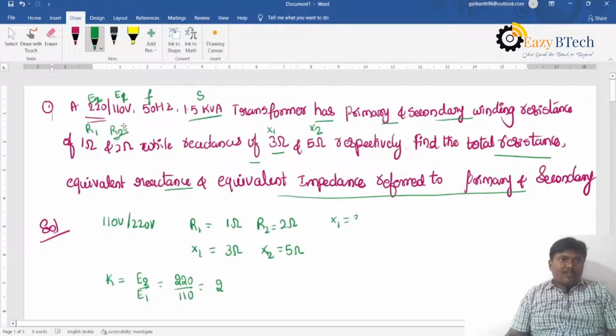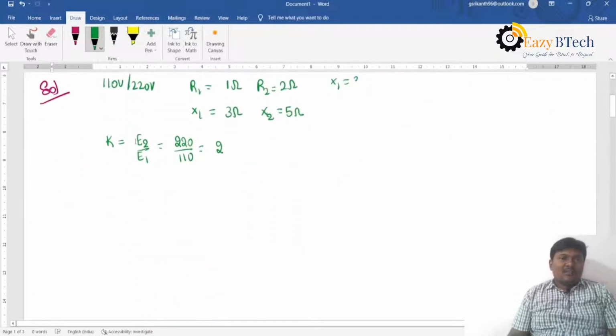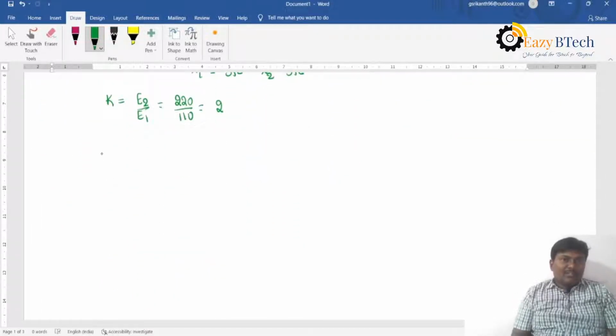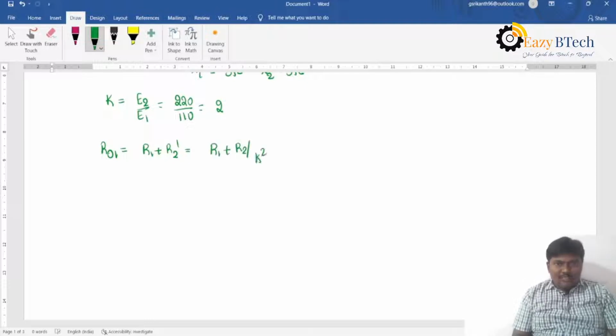A 220 by 110 volts transformer, but here the secondary winding resistance is given as 2 ohms, which is more than that of the primary winding resistance. That's why E2 should be taken as 220, E1 should be taken as 110. So the total resistance when referred to primary, R01 = R1 plus R2 dash, R1 plus R2 by K square.